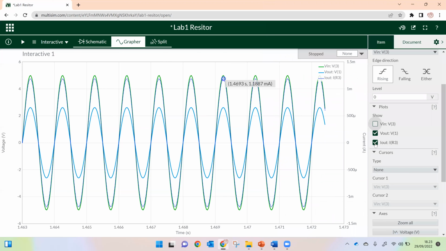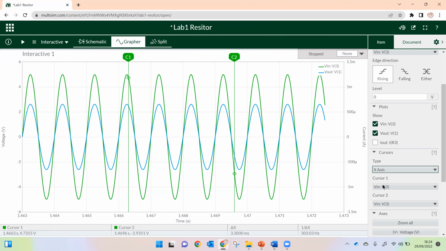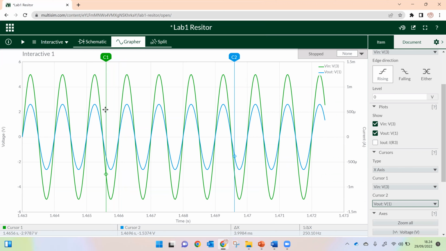We need input and output voltage, and we don't need current. Then you will just choose cursor x-axis. The x-axis first will be V input and then second will be V output. Move it to the 0 cross. So 0 is here.